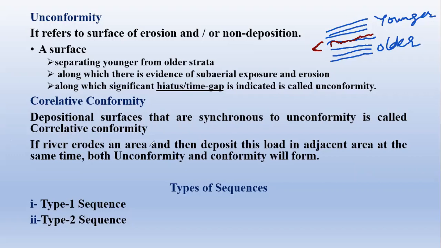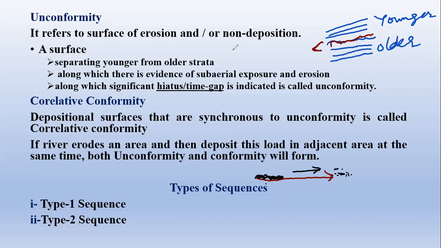If a river erodes an area and then deposits this load in an adjacent area at the same time, both unconformity and conformity will form. Suppose there is a river moving in this direction. If it erodes sediments in this region, then these eroded sediments will be transported and deposited in the adjacent area.